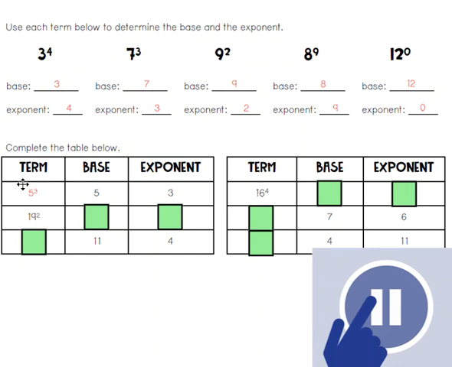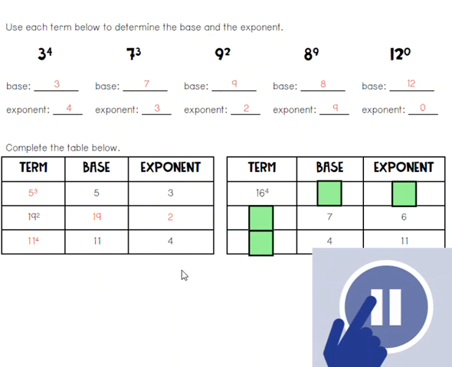So the term is just another word for power. Okay, so you can see here how we got that. Now, if I'm looking at 19 to the 2nd power, well, we already know my base would be 19 and the exponent would be 2. Right here, I don't know what the power is, but I'm given the information here. So what do you think that looks like? And you can check and see what you think.